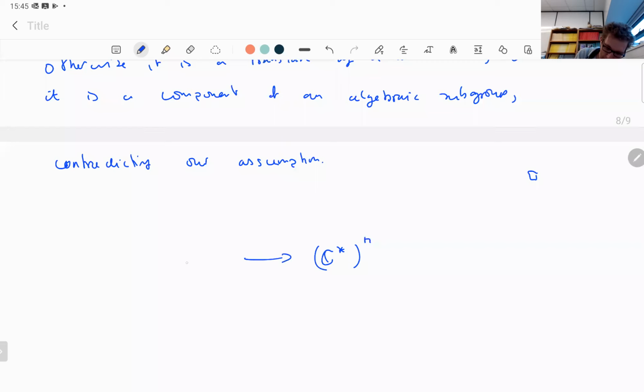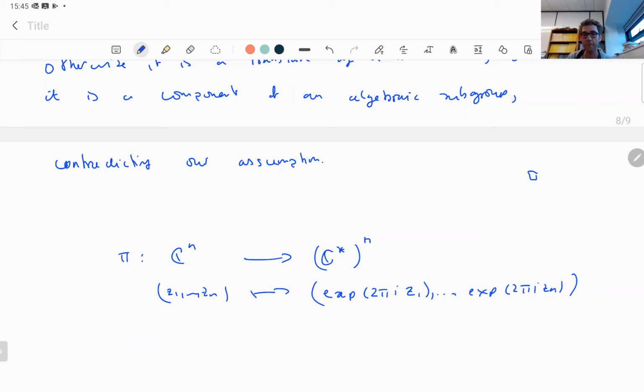And then you have a map pi, which sends z1 up to zn to exp(2 pi i z1), and so on. When you have a torsion point here, it has coordinates that are all roots of unity, and it corresponds to a rational point here.